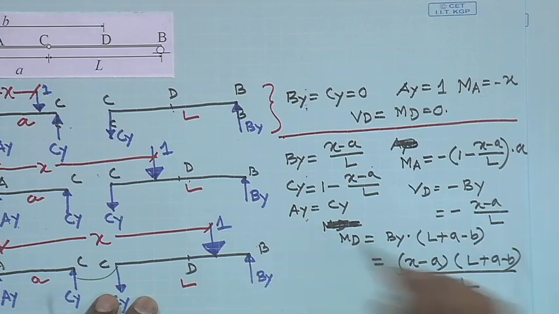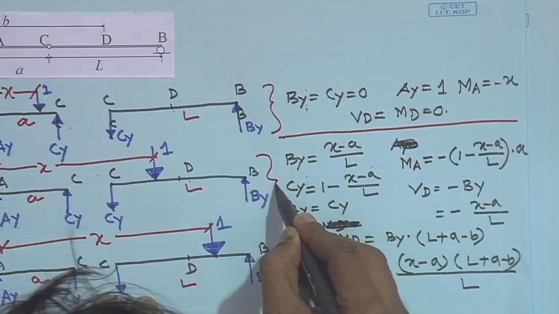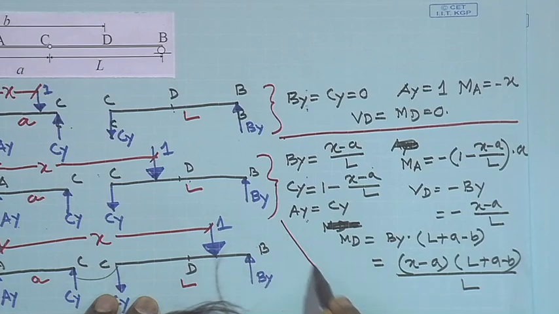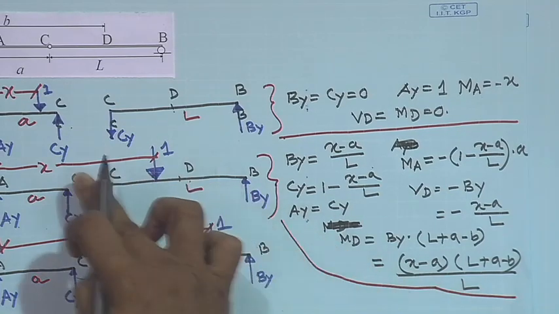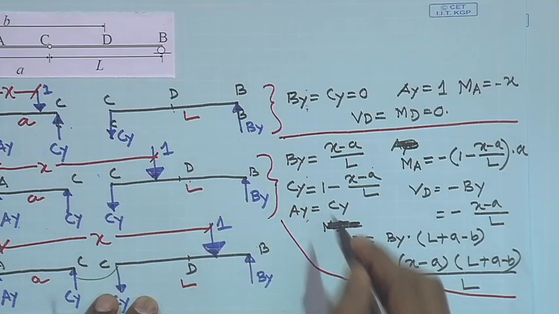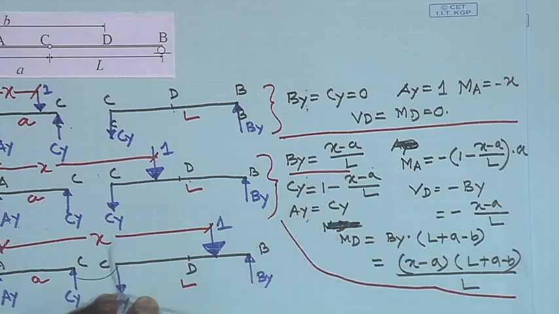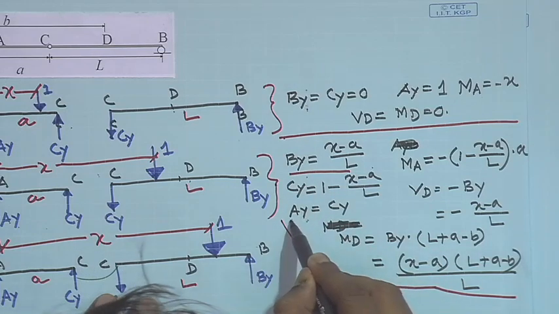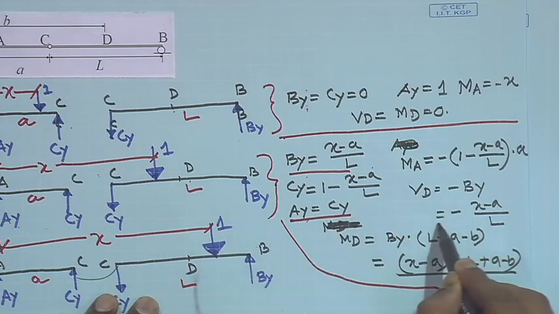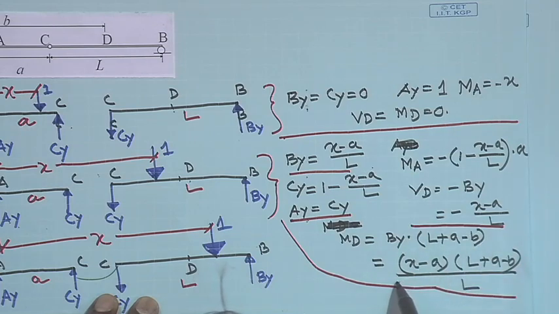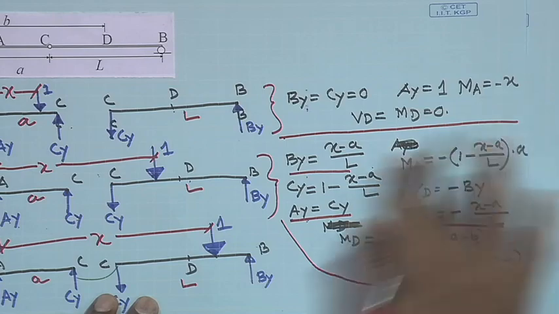We obtain this from this free body diagram. What we have is By is this and Ay is this, we know Vd is this and Md is this. This is the final thing we need. So, these are all functions of x.